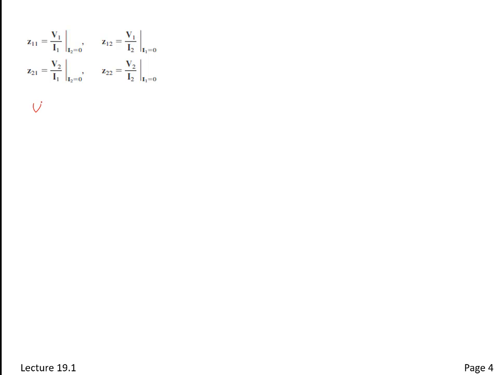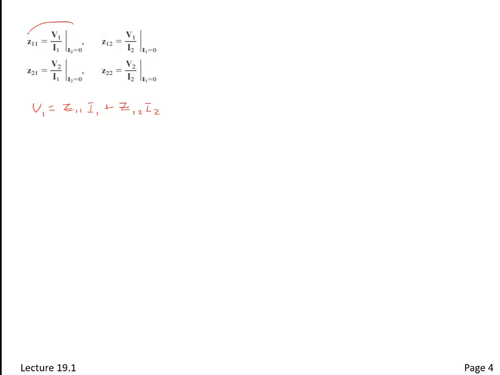Let's just take this example. V1 is Z11 I1 plus what? Z12 I2. Okay? And I just simply said Z11 is V1 over I1.